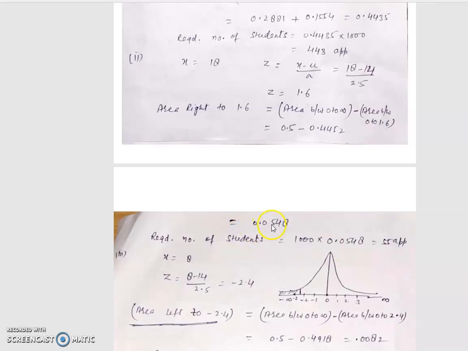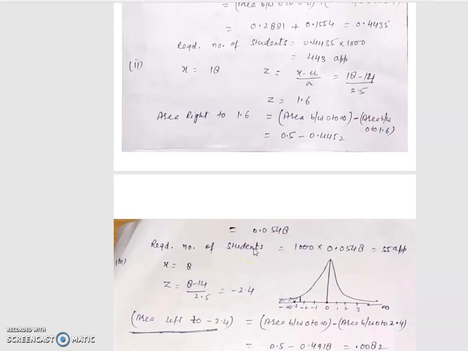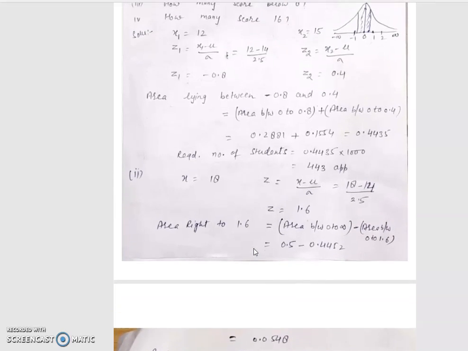This value is 0.0548. The required number of students is this multiplied by 1000. This is 55 approximately.